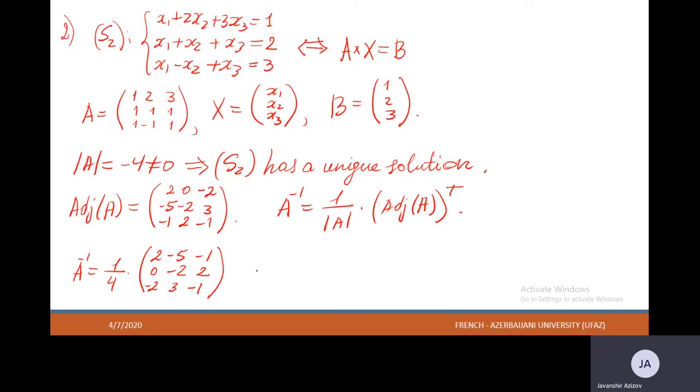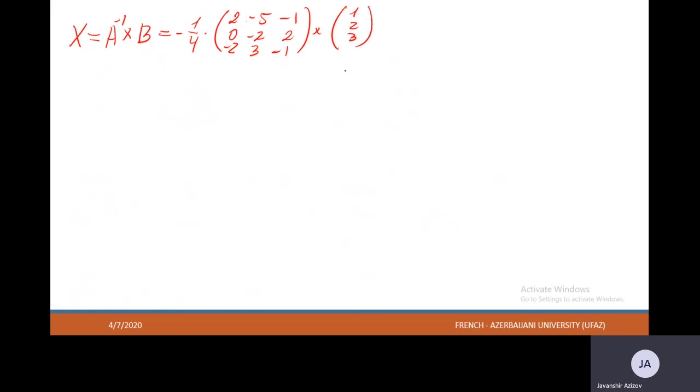From here we deduce that the matrix of X, the inverse of A times B, will be minus 1 over 4 times the matrix of 2 minus 5 minus 1, 0 minus 2, 2, minus 2, 3 minus 1 times the matrix of 1, 2, 3, the matrix of B.